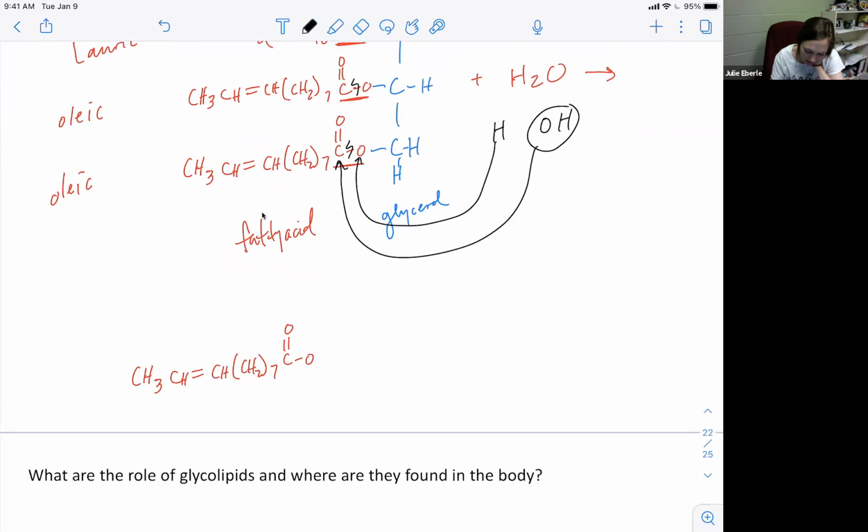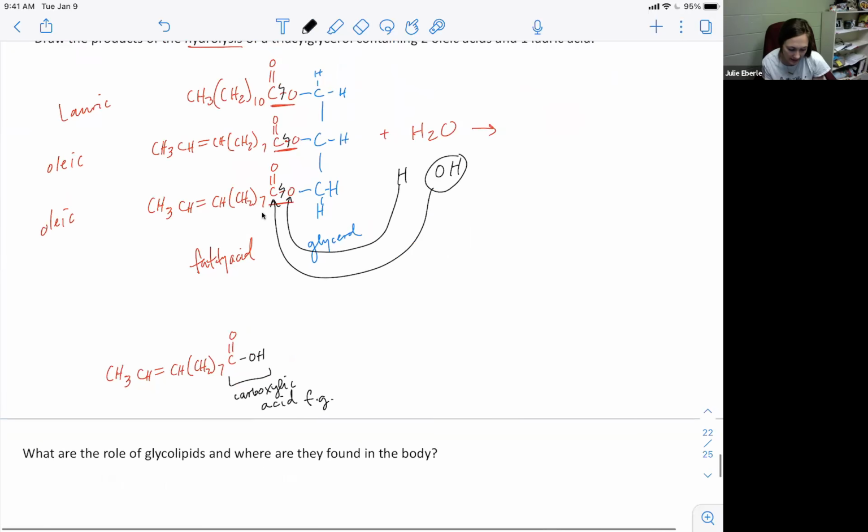This part broke off too. The OH is going to come from water and bond there, and you've restored your carboxyl group, your carboxylic acid part. That's that functional group, and this is why we call it a fatty acid. And that's going to happen for both oleic acids and lauric acid.